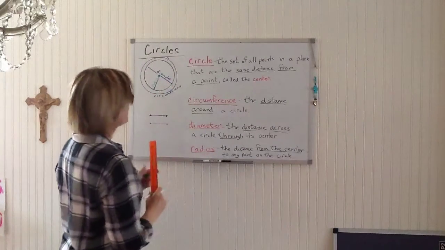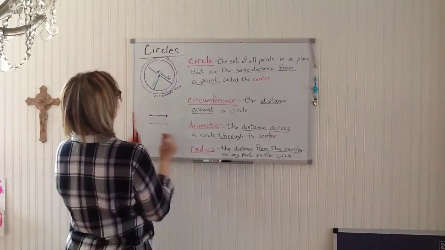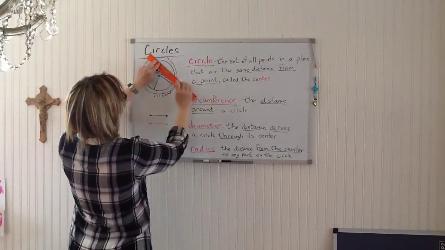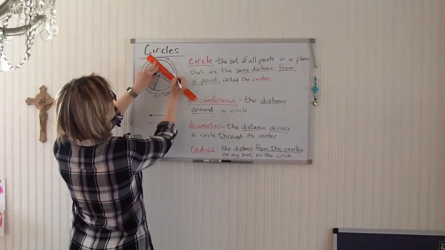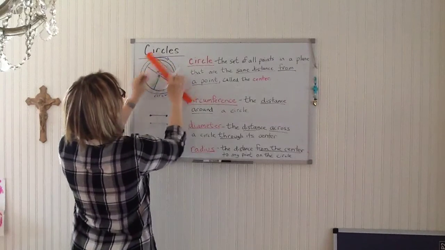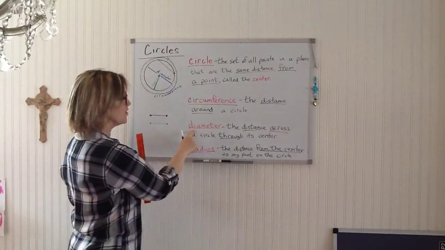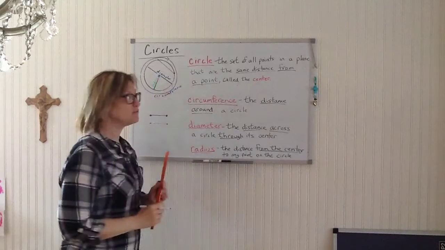I wonder what this would be called if I were to take a point on the circle here and a point here and connect them. As you can see, it does not fit the definition of a diameter because it's not going through the center.